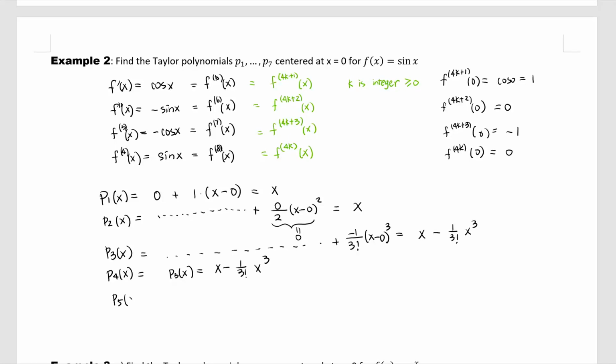How about P5? P5 is what we had before, plus the fifth derivative term. The fifth derivative is 1, so 1 over 5 factorial, and then x to the 5th. Okay, so that is P5. How about P6?